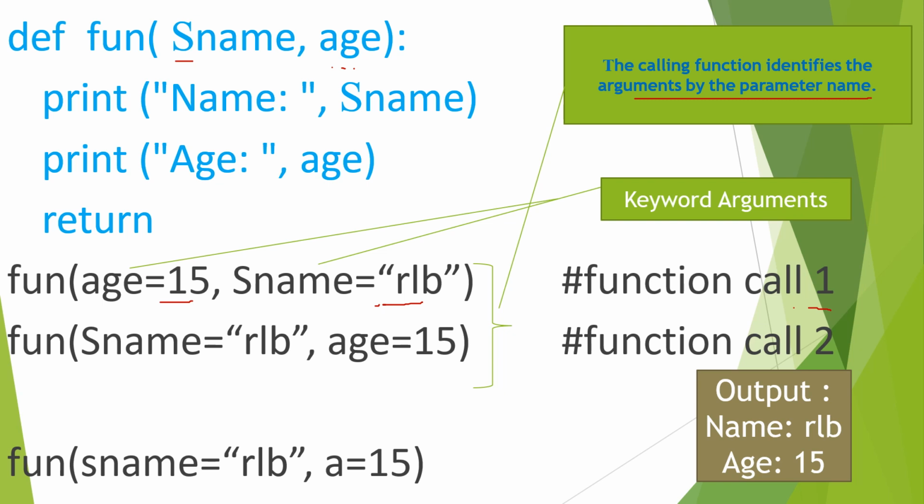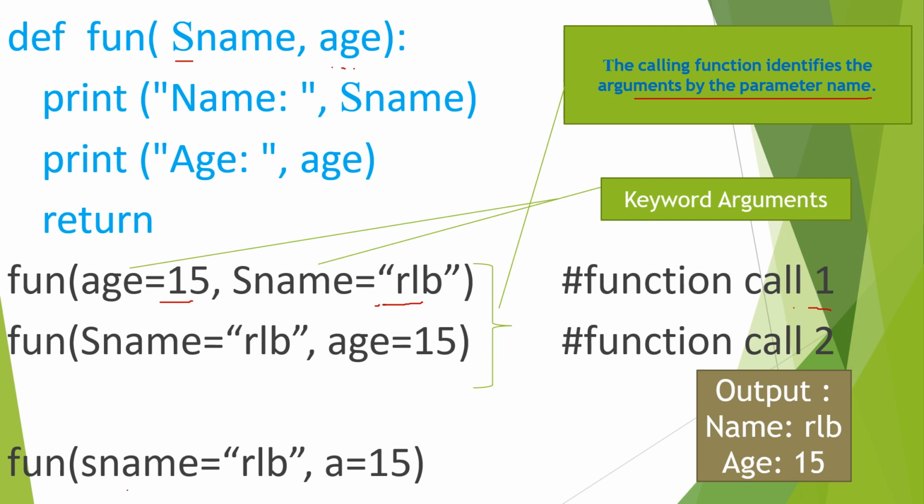When it is called, the age will get transferred into the age parameter and the name will get transferred into the sname parameter. So the output in both function calls would be the same.